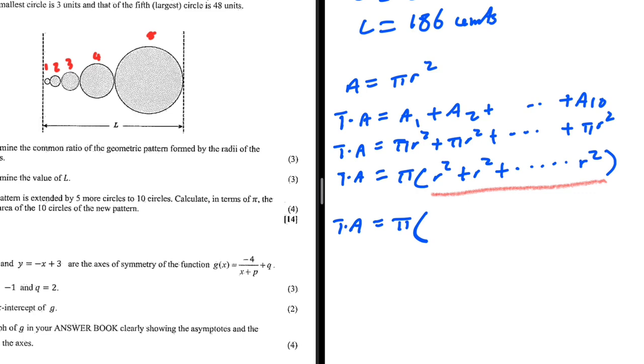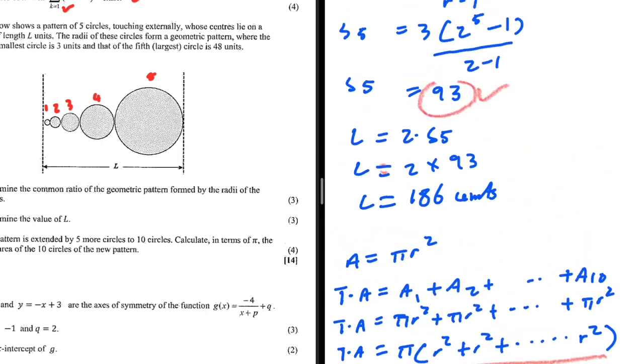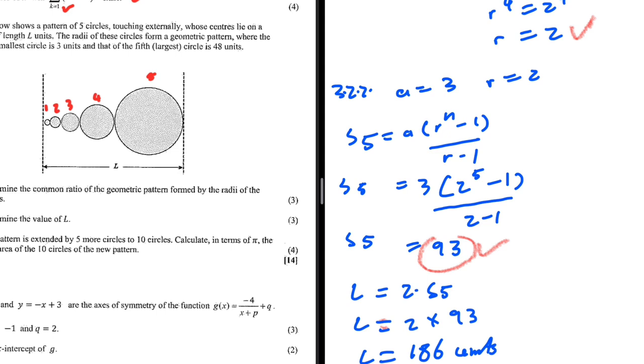So we know that the radius of the first circle is 3 units. So we're going to have 3 units squared plus the radius of the second circle. So we know that a is 3 and r is 2.